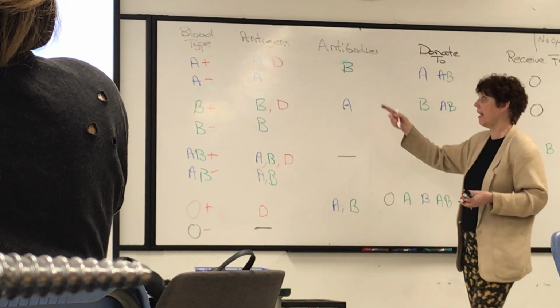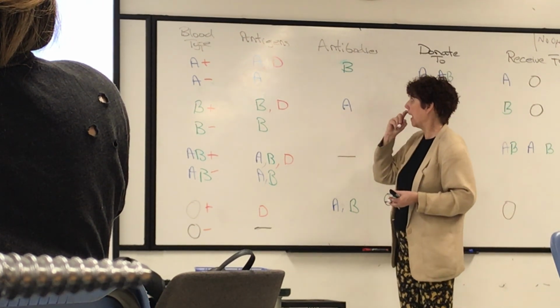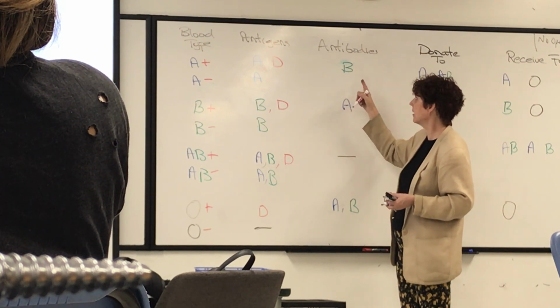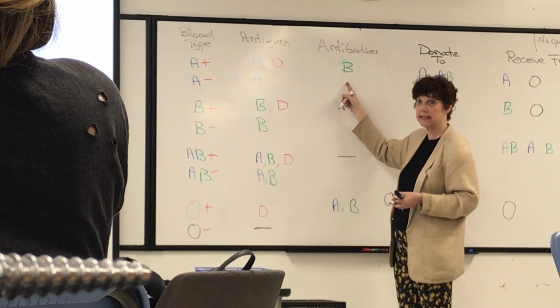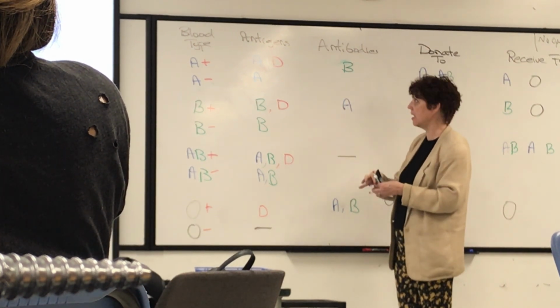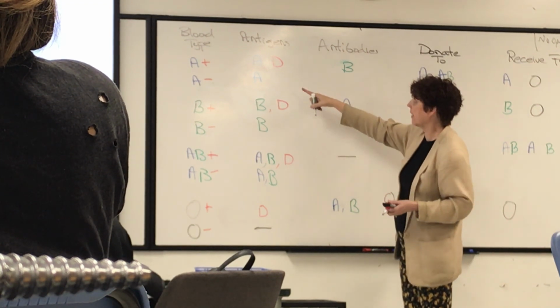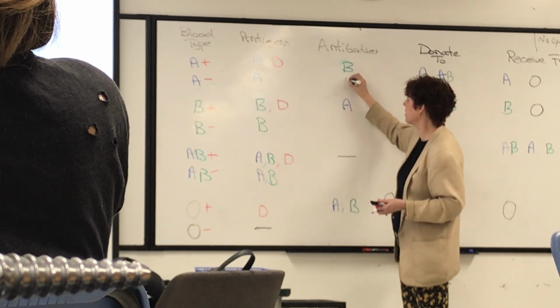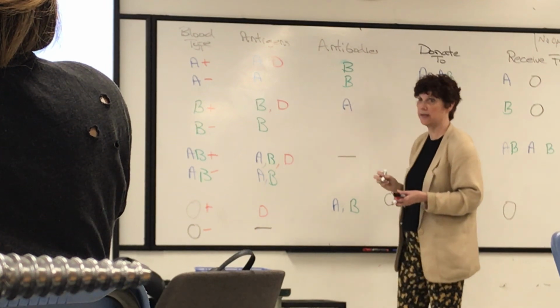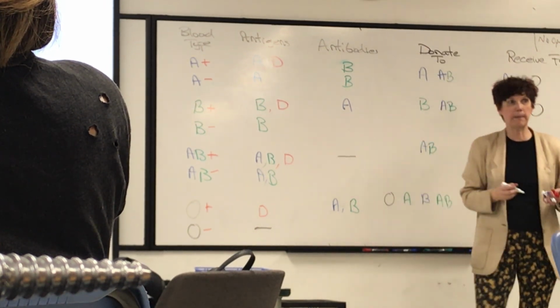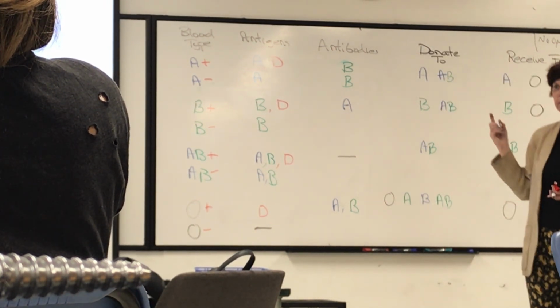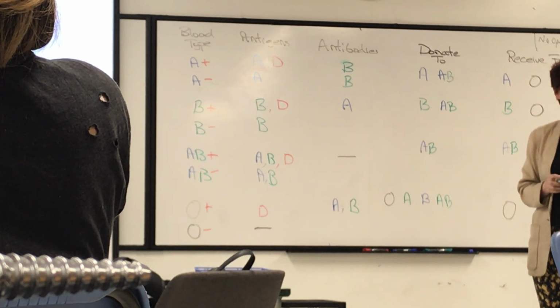However, if someone has A antigen and all they have are B antibodies and they don't have any D antibodies, do I know whether they're positive or negative by just looking at the presence or absence of the D antibody?